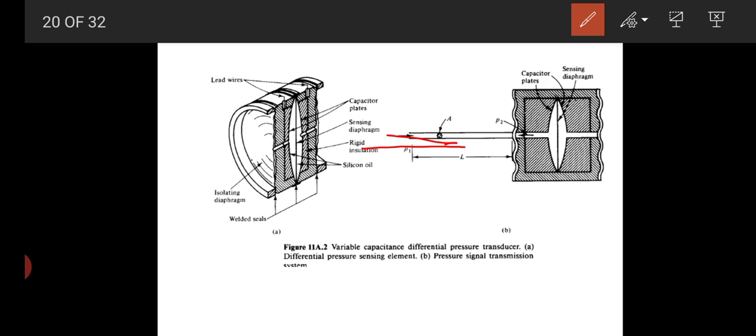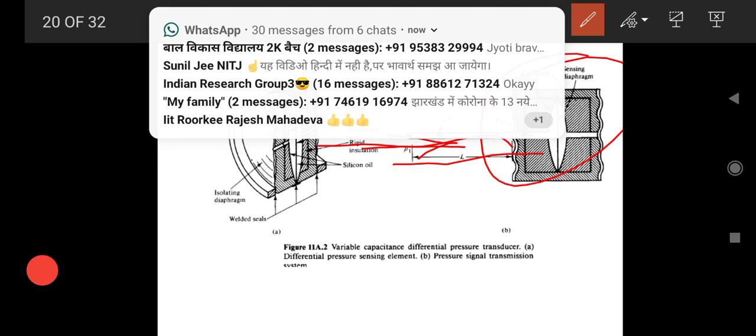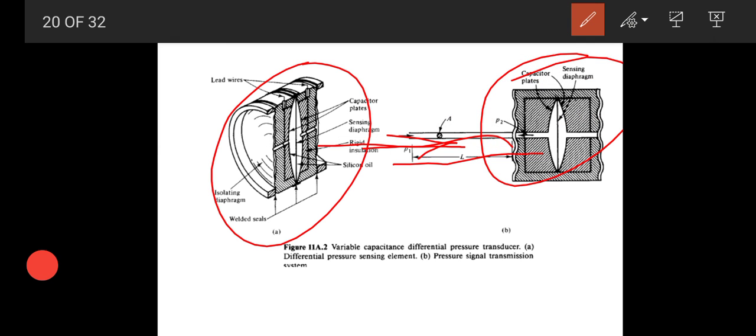In this sealed capillary system the filled liquid is going, and the pressure signal is transferred through an isolating diaphragm, with a differential pressure sensing element as shown in this picture.